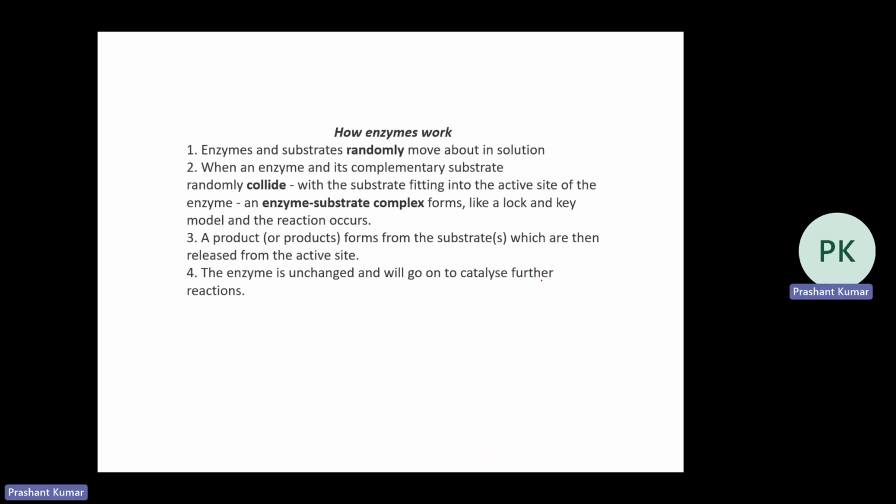Here the enzyme and substrates are molecules, they are going to collide, and when the collision is effective, then an enzyme-substrate complex will be formed, and then the product is produced, and then after that the enzyme is released, which is unchanged, meaning it is not being used up.